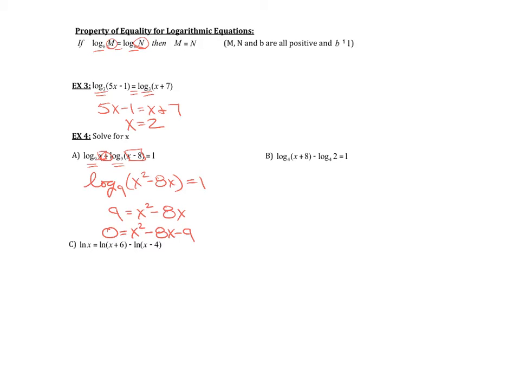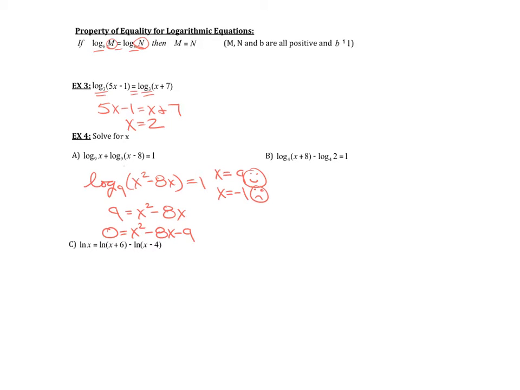Factoring is easier. So negative 1 does not work, and only 9 does work.